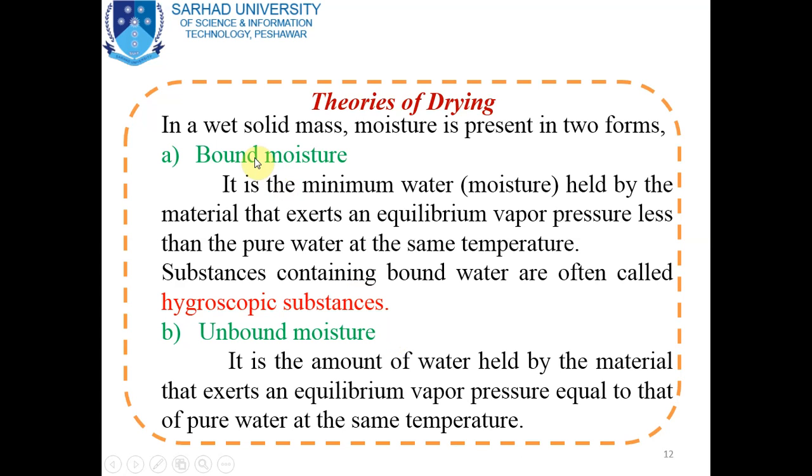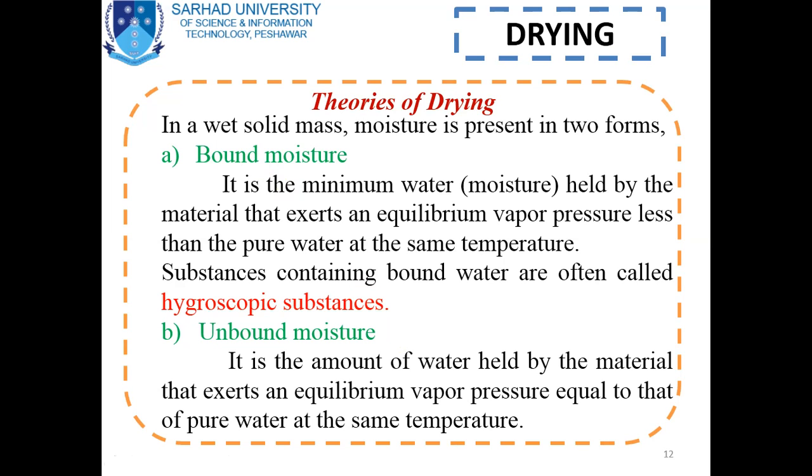What is meant by bound moisture? It is the minimum water or moisture held by the material, that is the solid mass, that exerts an equilibrium vapor pressure that is less than that of pure water at the same temperature.